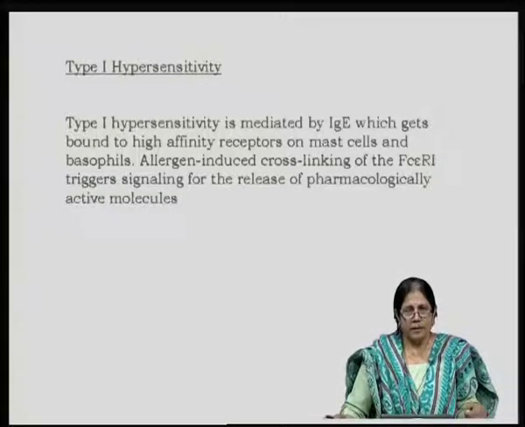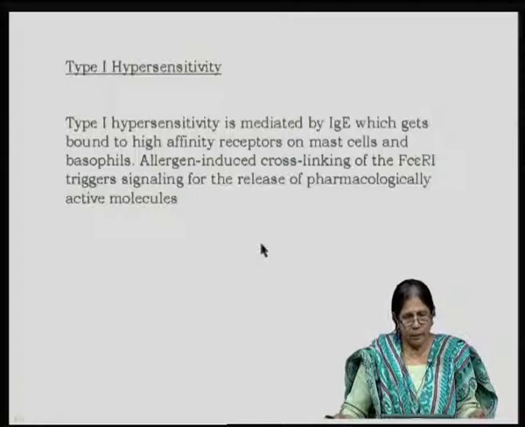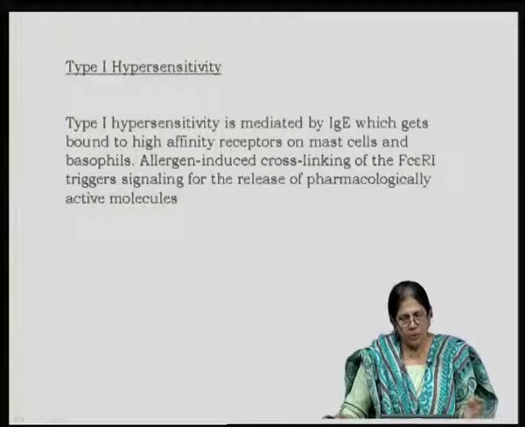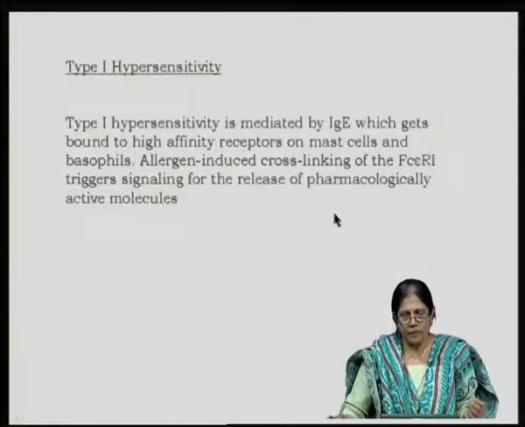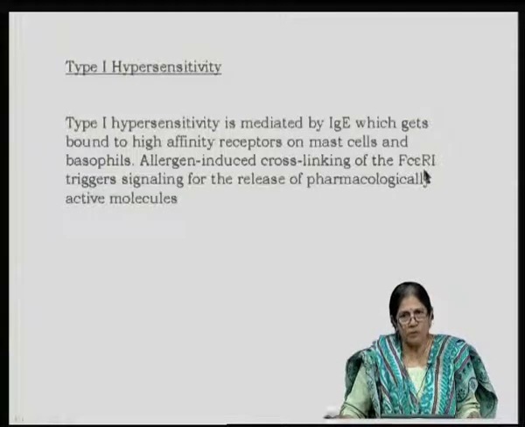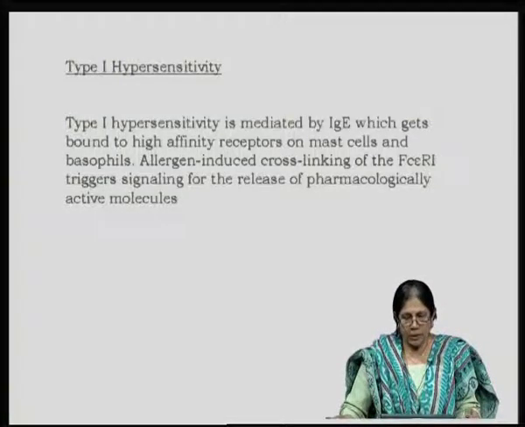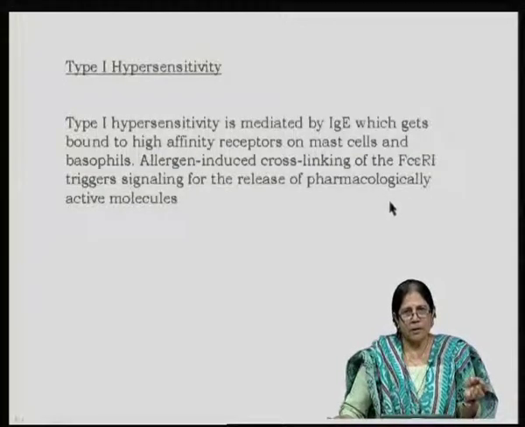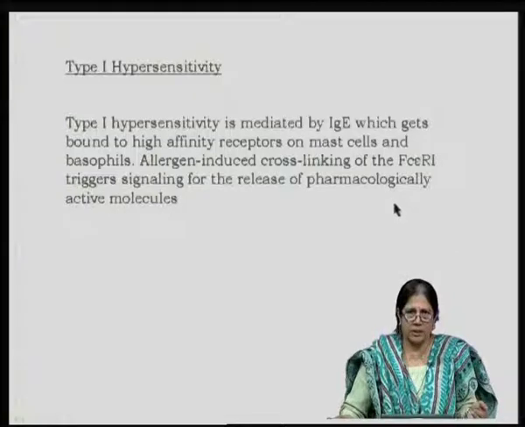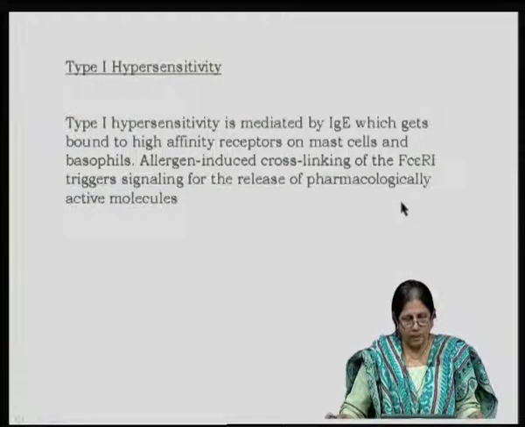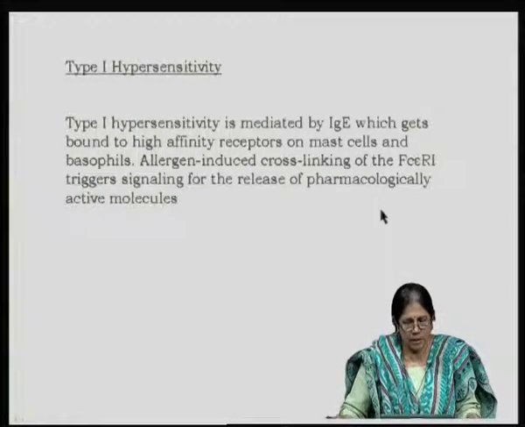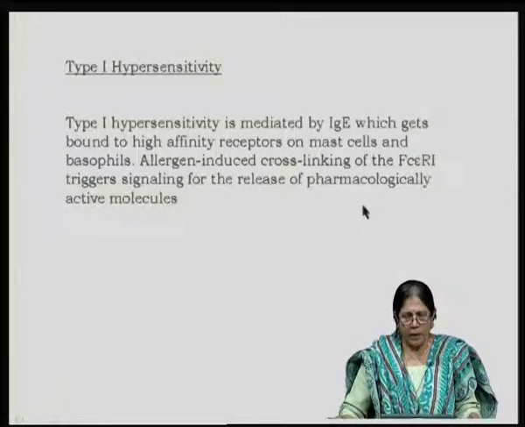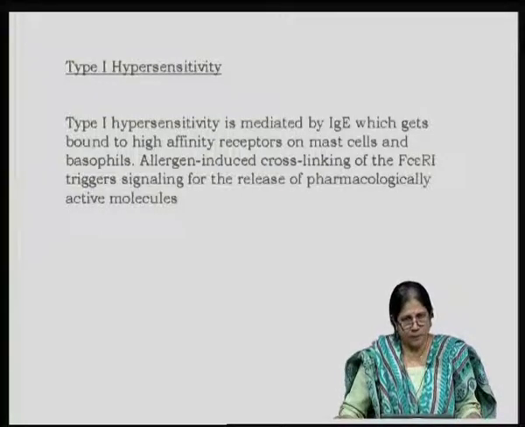Subsequently, when the allergen presents itself again in the body, then the allergen induces cross-linking of the Fc receptors specific for IgE, which happens through the IgE which gets docked onto FcεRI, which triggers signaling for the release of pharmacologically active molecules such as histamine, serotonin and subsequently bradykinins, leukotrienes, etc.